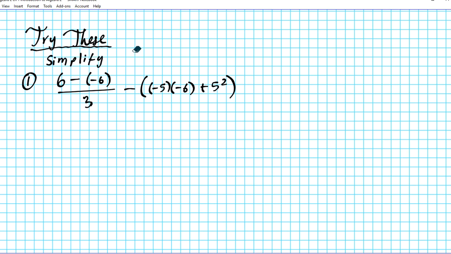Okay, for number 1, what if you have 6 minus negative 6 divided by 3 minus negative 5 times negative 6 plus 5 squared? If you simplify, so the instructions are to simplify the given expressions, okay?